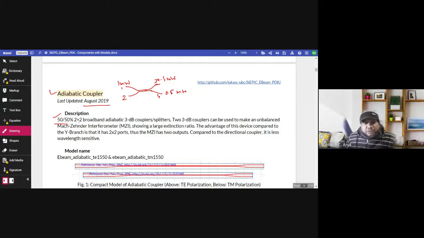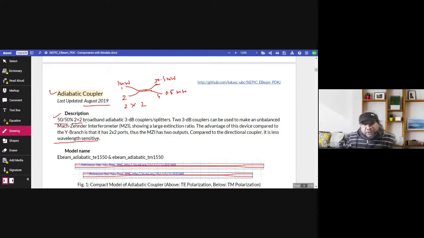2 cross 2 broadband adiabatic 3 dB coupler or splitter. So why this 2 cross 2? Because there are 2 ports at the input and 2 ports at the output. That is why it is called 2 cross 2. Broadband because it supports a large range of wavelength, meaning the splitting and coupling is less wavelength sensitive.